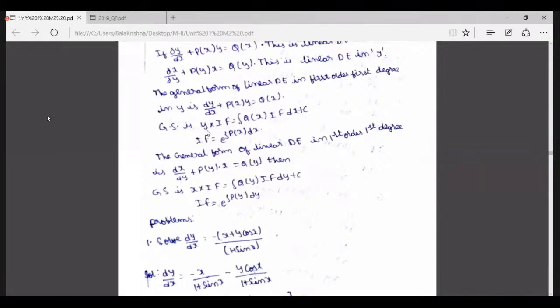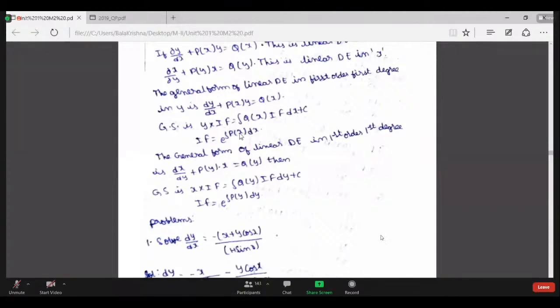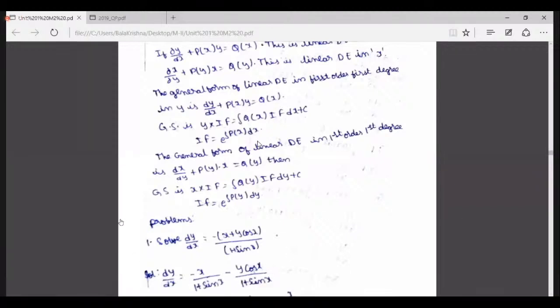Its solution is y into integrating factor is equal to the integration of q of x into integrating factor with respect to x, where the integrating factor is e power integral of p of x dx, right? Similarly, when it is in the form of dx by dy, a linear differential equation in x, the solution is x into integrating factor equal to integral of q of y into integrating factor into dy. Here the integrating factor is e power integral of p of y.